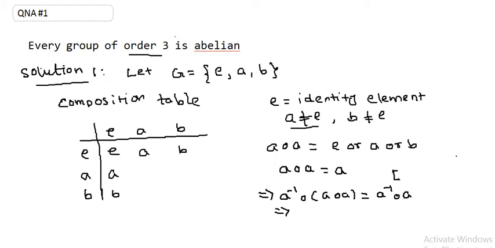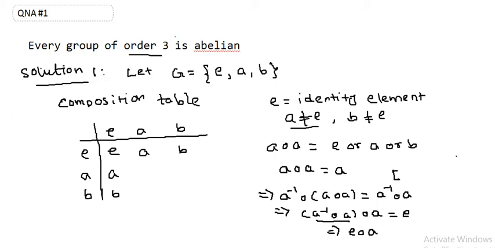From there, using the associative property of a group, we can write (A inverse compose A) compose A equals the identity element. A inverse compose with A is the identity element. Now A inverse compose with A is again the identity element.